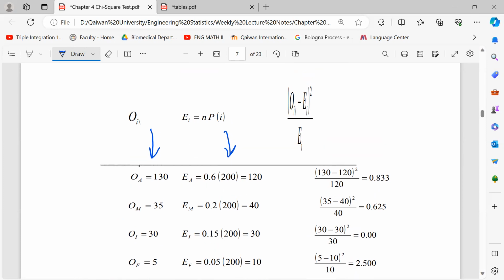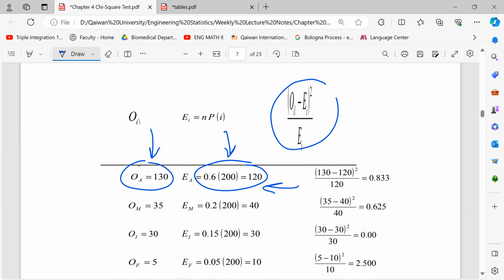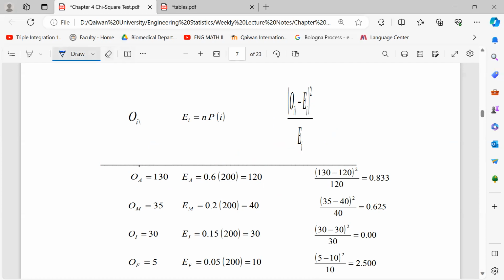What we need to calculate is this column minus this column, squared, divided by this column. It's O minus E squared, divided by E. We do that at each row.